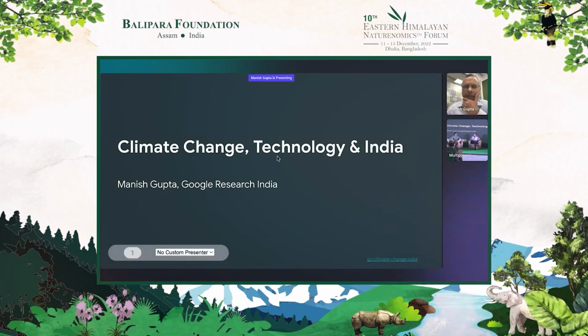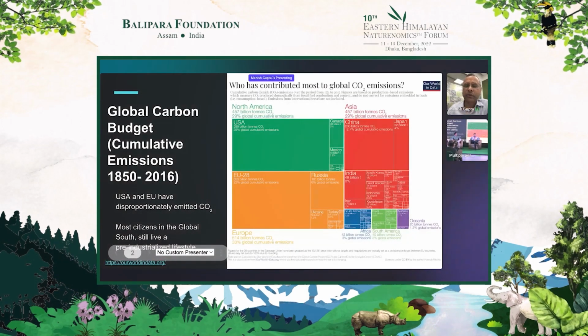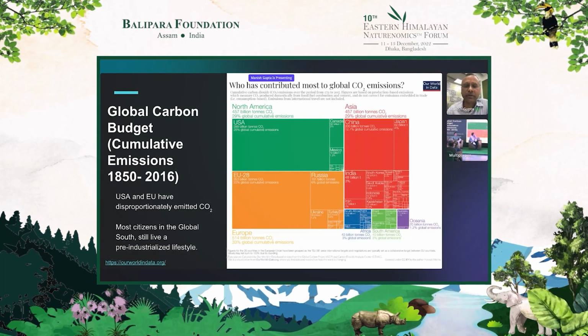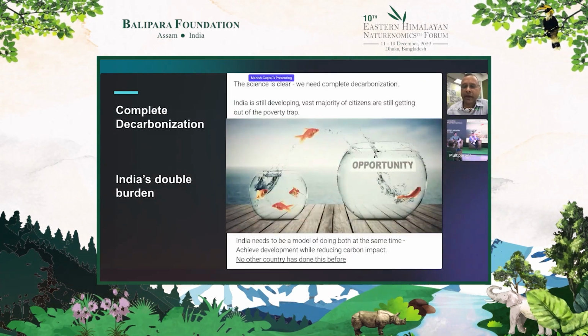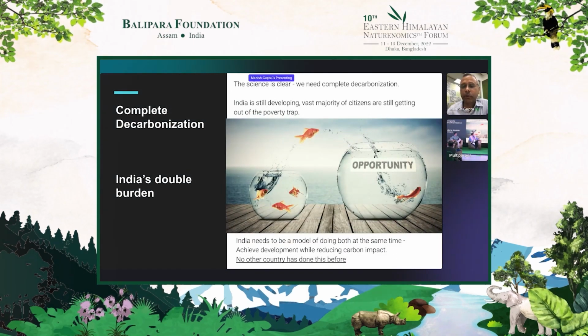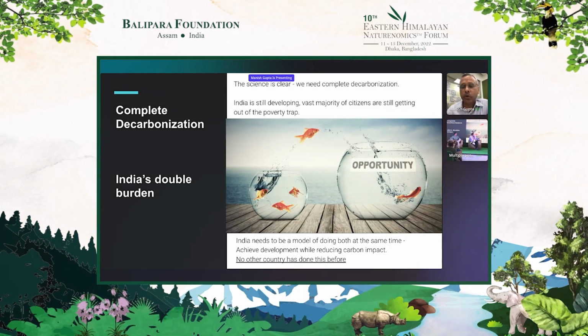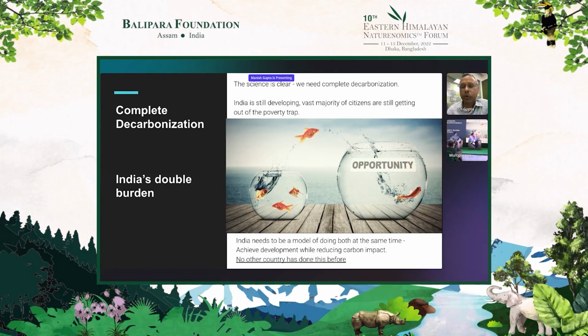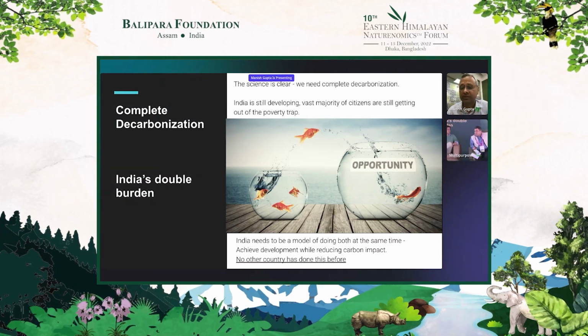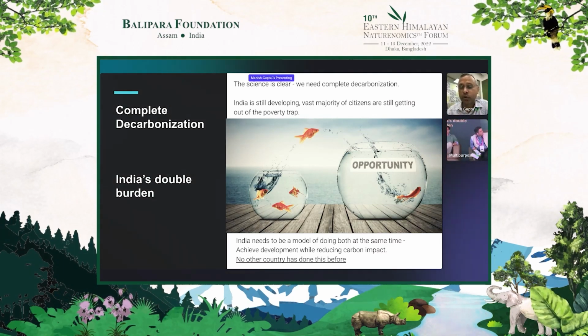So, I really think, as we look at all of these global carbon dioxide emissions, countries like India need to play a role in supporting economic development, but not let the emissions go up at the historical rates.